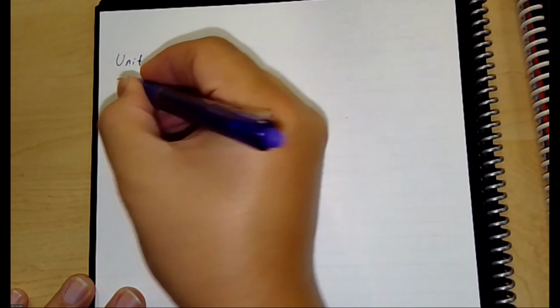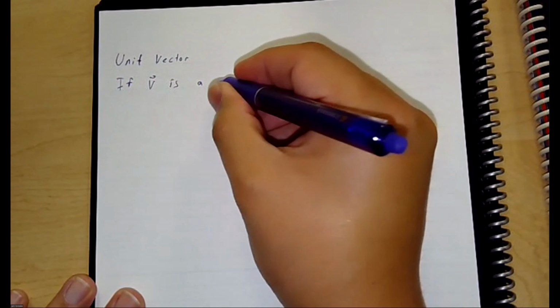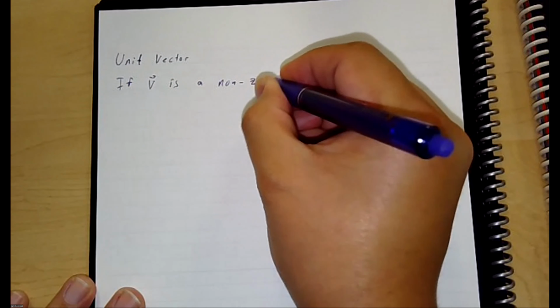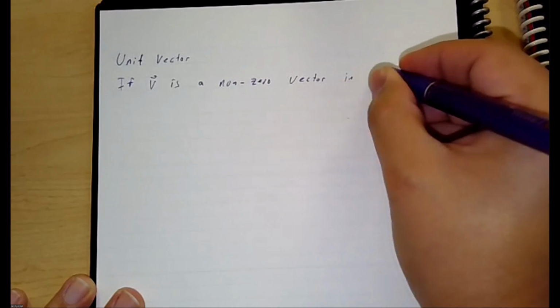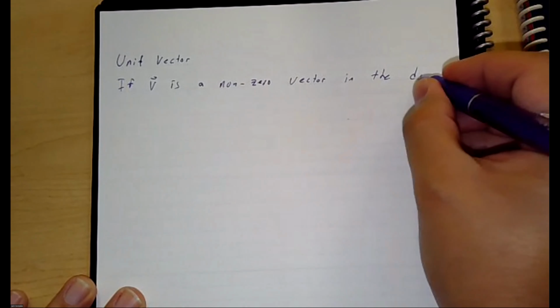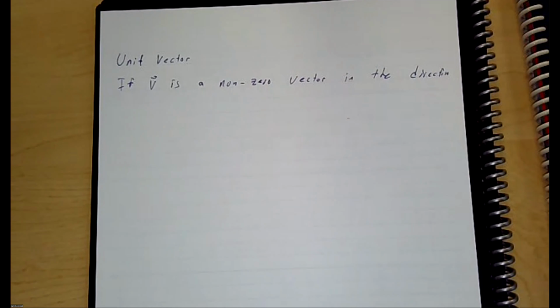So if V is a non-zero vector, in the direction, let me check something real quick.